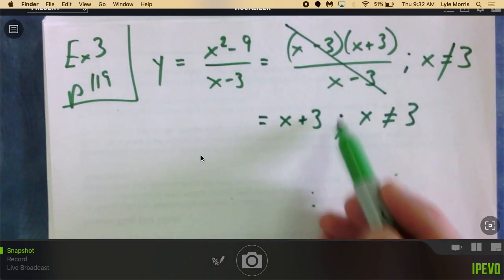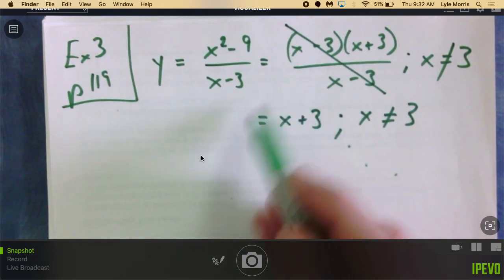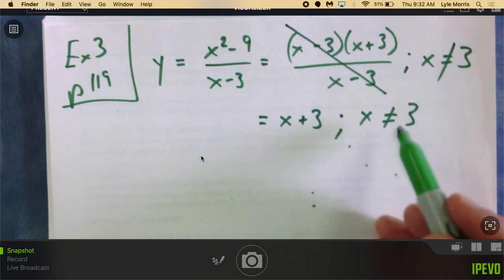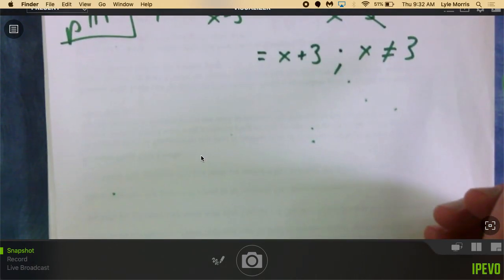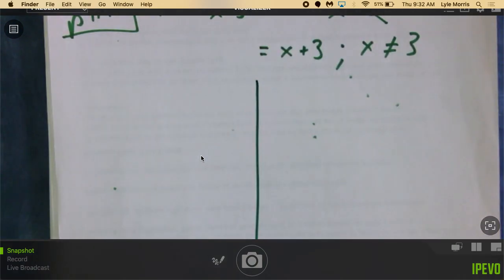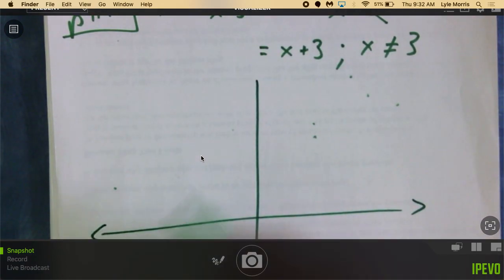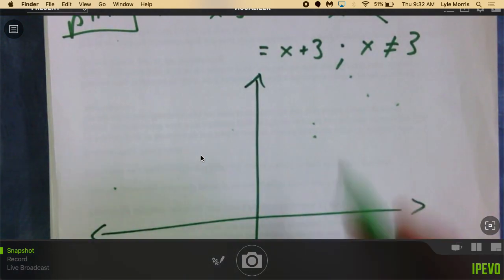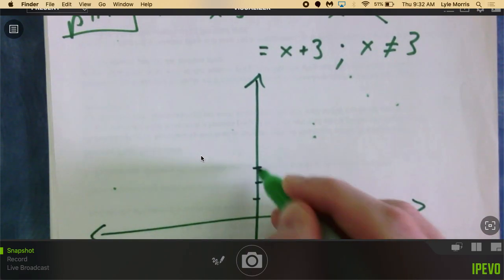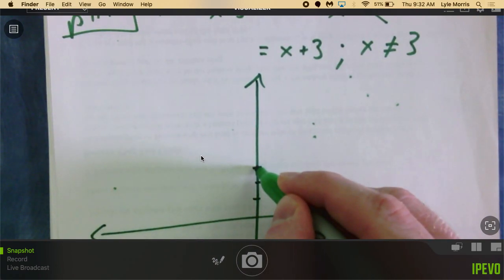Now this is a straight line, but it has a hole in it. The y-intercept is going to be 3. 1, 2, 3. It's going to go through there.